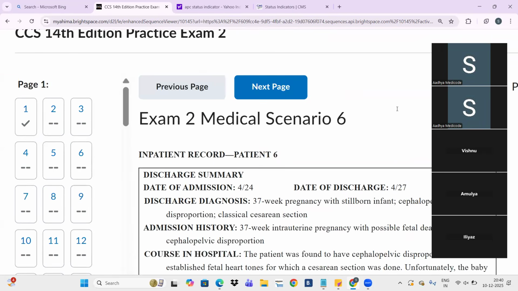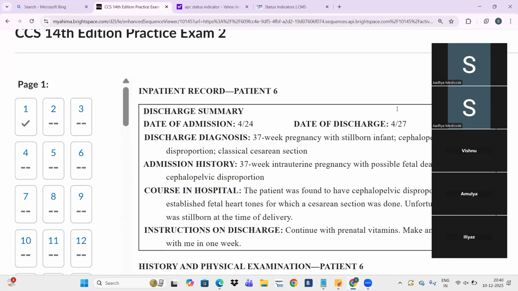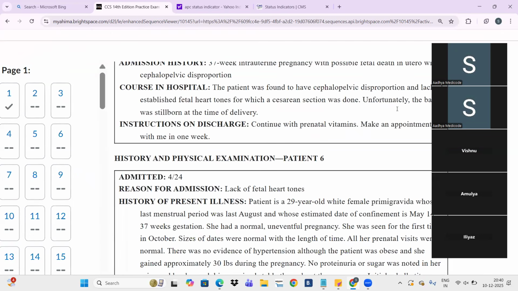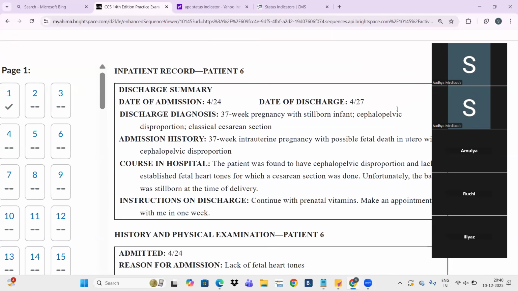I'm showing one more question to identify the PDX. See here, what is the reason for the admission? Lack of fetal heart tone. This is the reason of the admission.